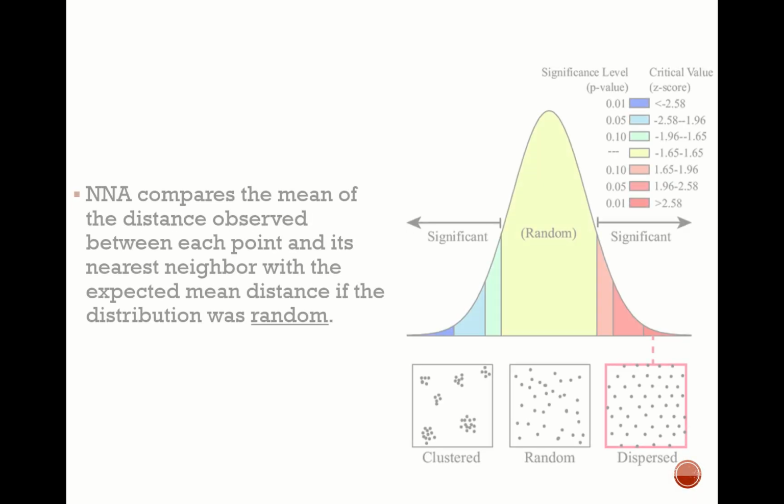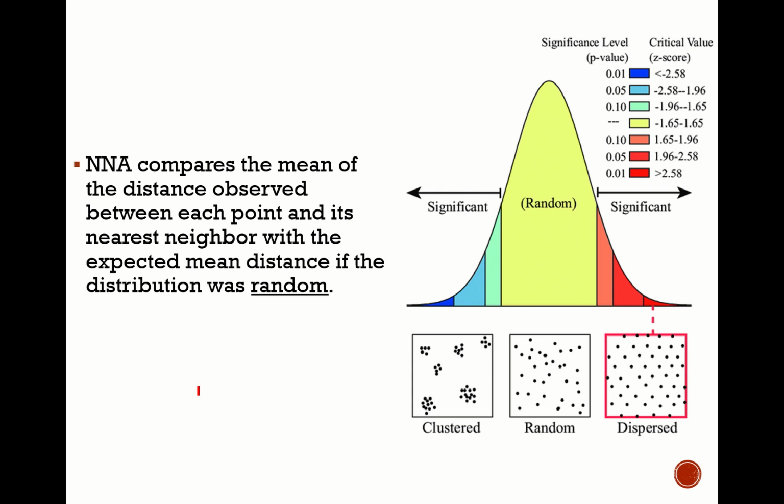And then we can compare the Z value for our average nearest neighbor to see where it lands on a normal distribution. So our null hypothesis with spatial autocorrelation is that we're dealing with a randomly distributed data set.